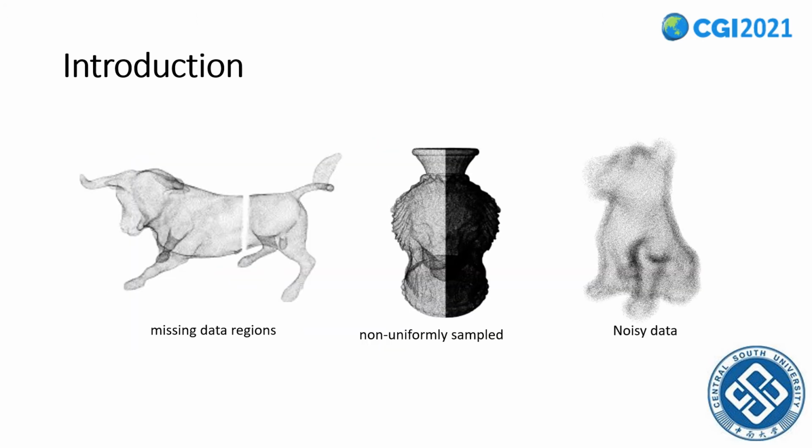In addition, with the development of sampling equipment, large-scale point cloud fetching is easy for users, but it is also challenging for mesh construction. Point clouds that are non-uniformly sampled, have missing data regions, or have noisy data could be very common in some scenes, sometimes caused by the vibration of the equipment or the limitation of the viewing angle.